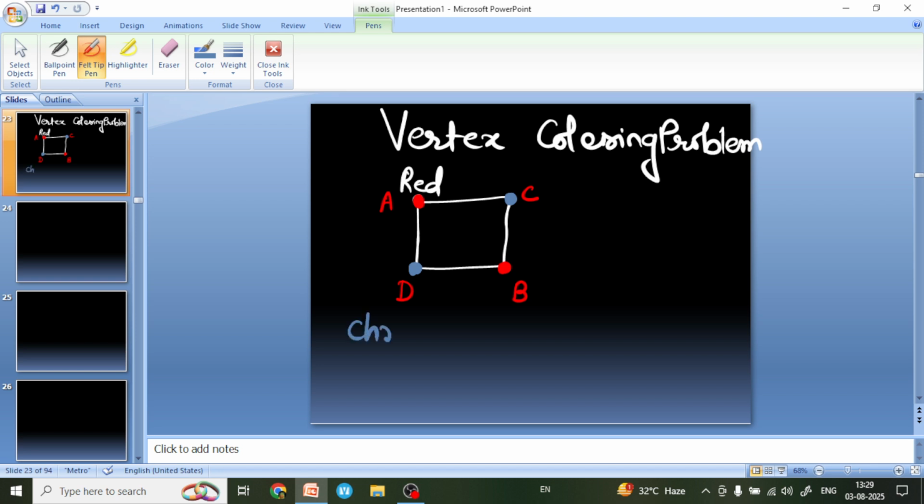Then the chromatic number is equal to 2. The least number of colors needed to color the graph is known as the chromatic number.